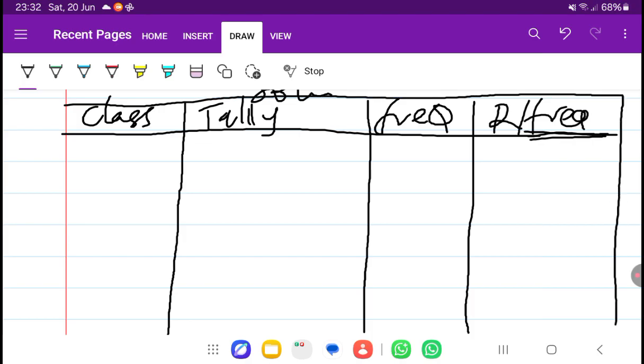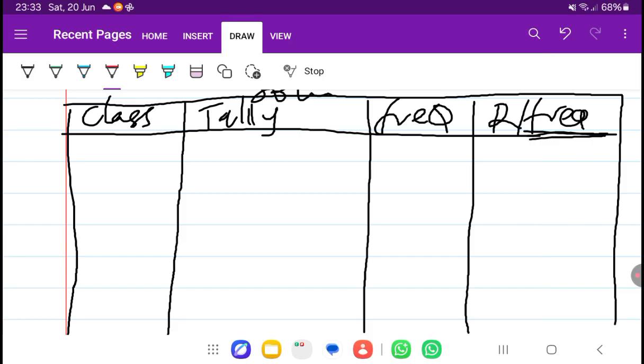Then we complete our table. We are done with the table. So the table is done. What is left is for us to put in the classes before we move. Since these are ungrouped classes, we are going to take the distinctive values of the data in the table to be our classes.